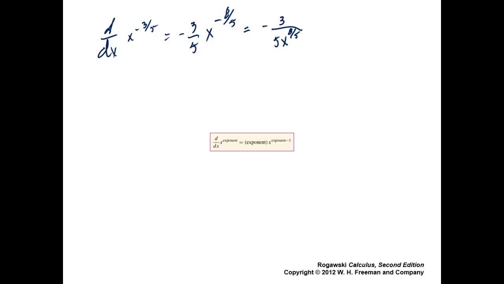Now, this would have been good for here or here. What does this mean anyway? Something to the 8/5 power. Multiplying the number by 8 and dividing by 5, is that what you said?